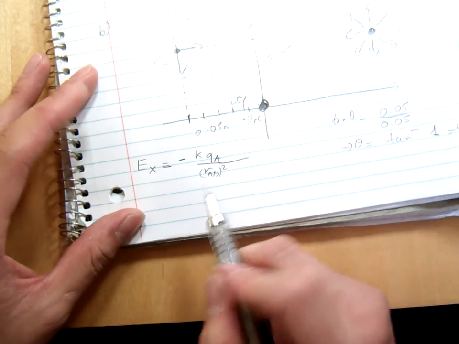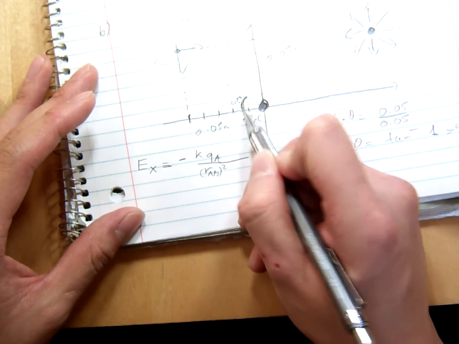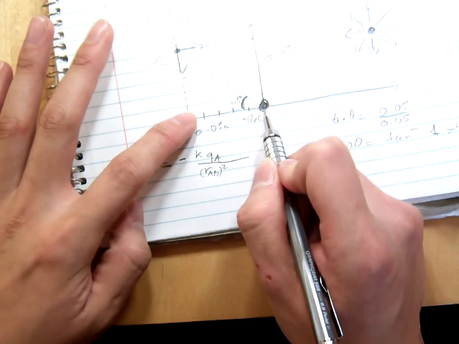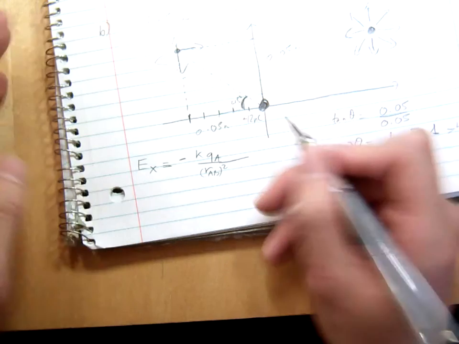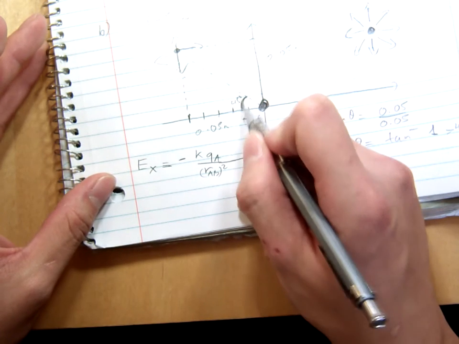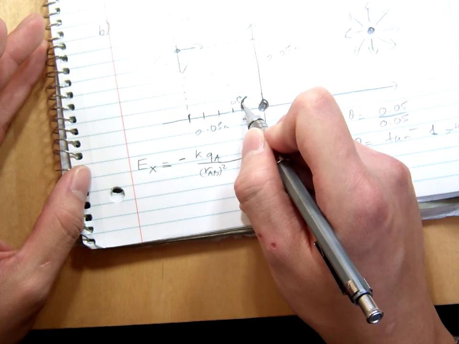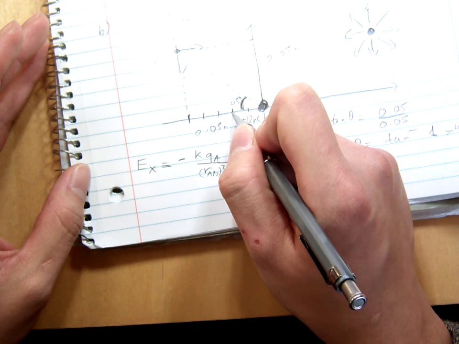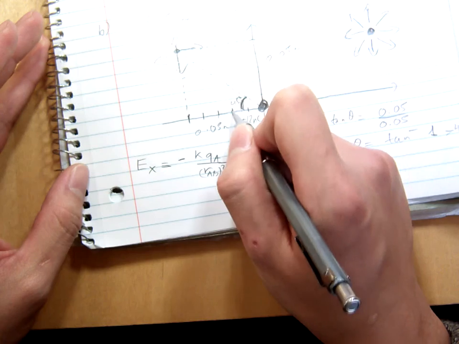Since I chose my angle here in the x direction, you would use cosine, because cosine is adjacent over hypotenuse.